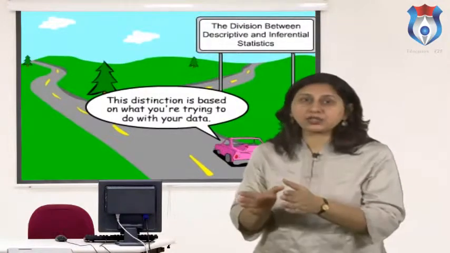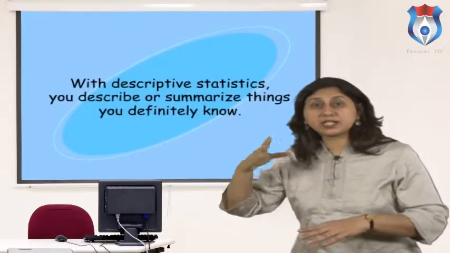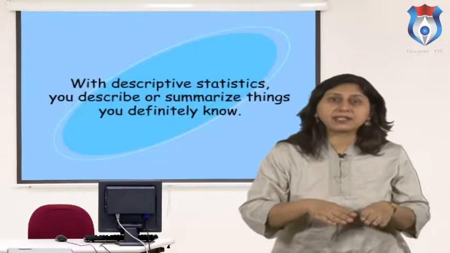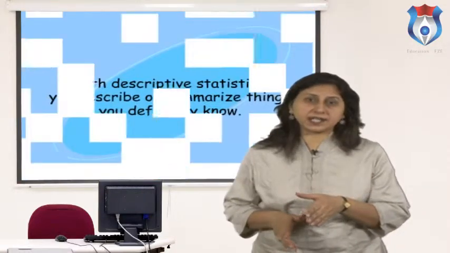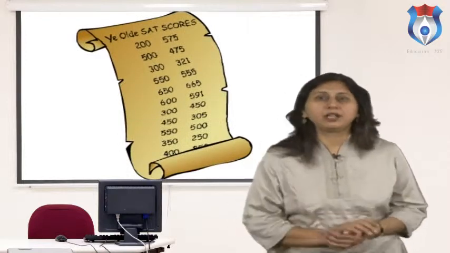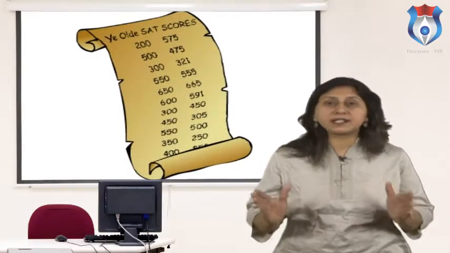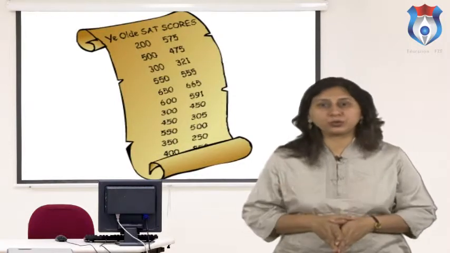Let us now look at the division between descriptive statistics and inferential statistics. Now this distinction is based on what we are trying to do with our data. With descriptive statistics, we describe or summarize things we definitely know. For example, let's say you have a list of all senior SAT scores of a high school.